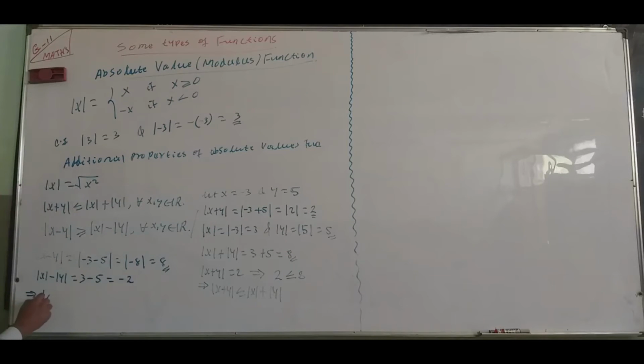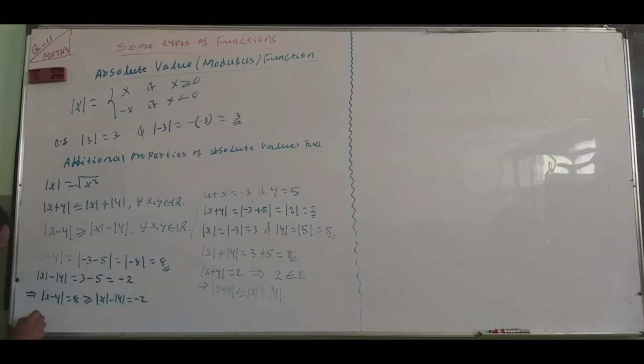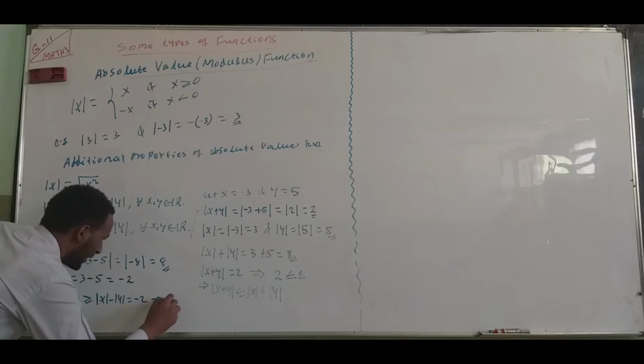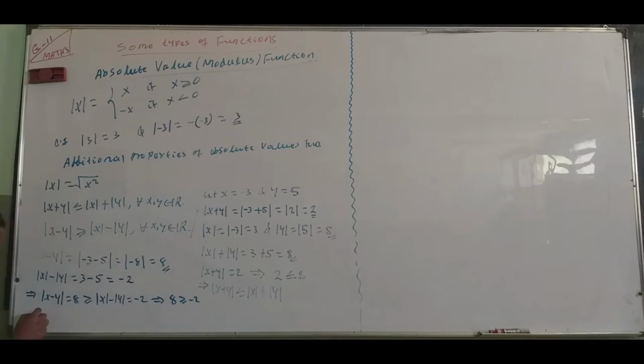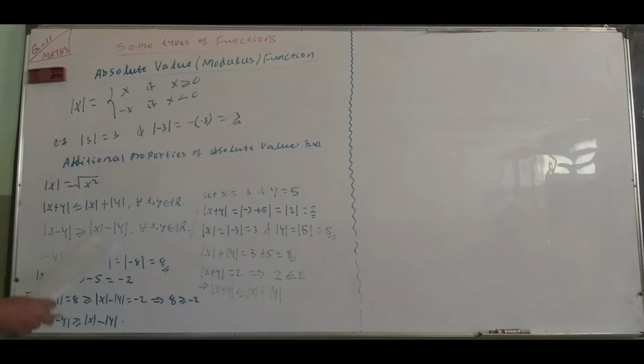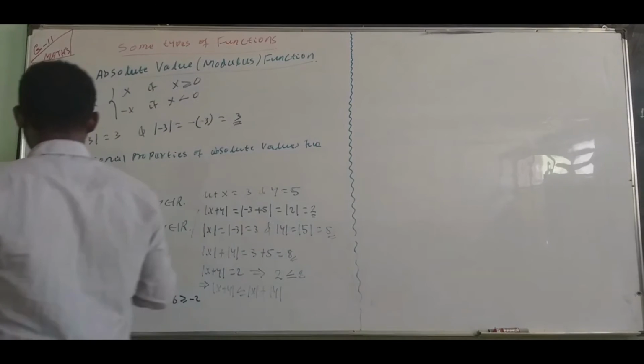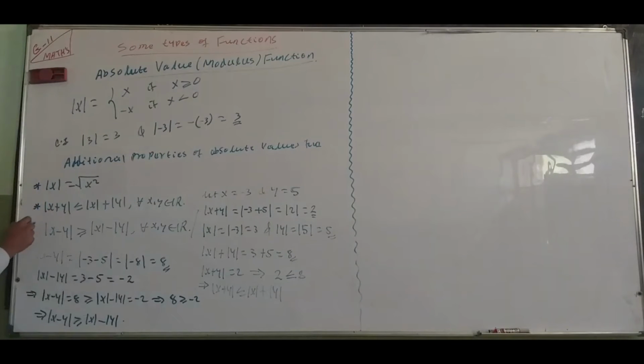This implies that absolute value of x minus y, which is 8, is greater than or equal to absolute value of x minus absolute value of y, which is negative 2. So 8 is greater than or equal to negative 2. Generally, this concludes that absolute value of x minus y is greater than or equal to absolute value of x minus absolute value of y. This is an additional property of absolute value.